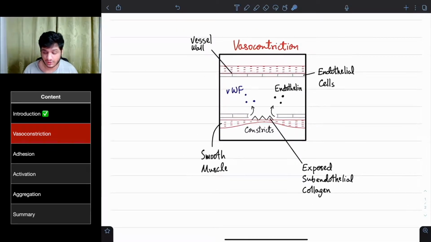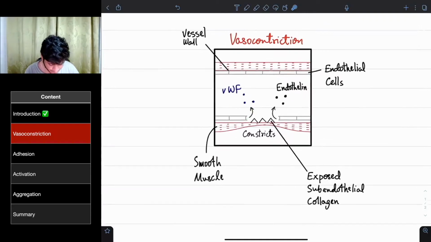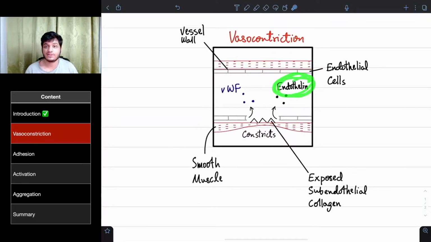And these endothelial cells would produce something called endothelin and von Willebrand factor, which is VWF. Endothelin is a hormone that is responsible for vasoconstriction because it stimulates the smooth muscle to contract. Okay, so that causes vasoconstriction.